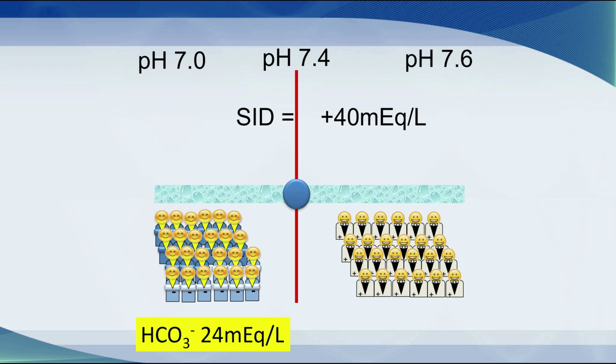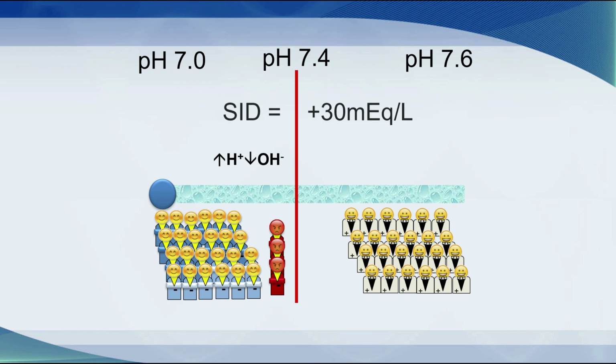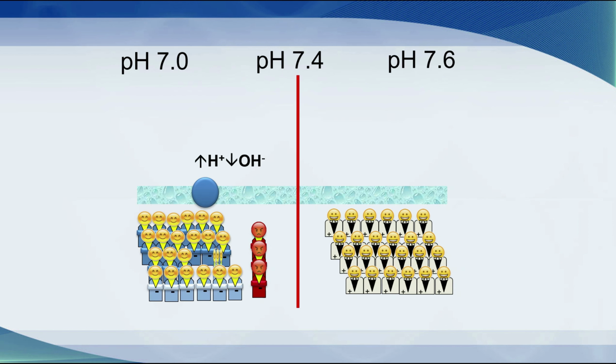Now, most of the nasty stuff that causes problems with acid-base chemistry is on the anionic side. So we're going to add in some strong anions, in this case, beta-hydroxybutyrate. The distribution of hydrogen and hydroxyl changes to favor hydrogen. The hydrogen ion activity increases due to a fall in the strong ion difference, and the pH falls.